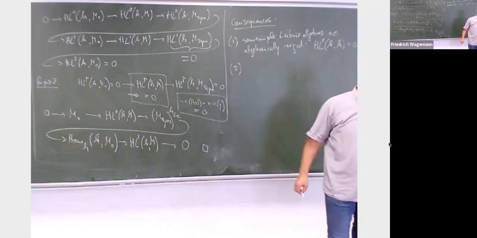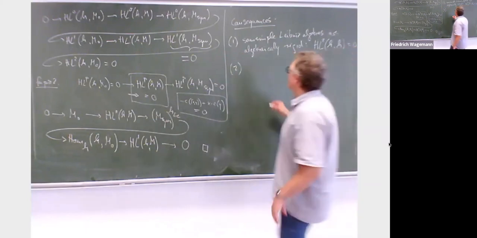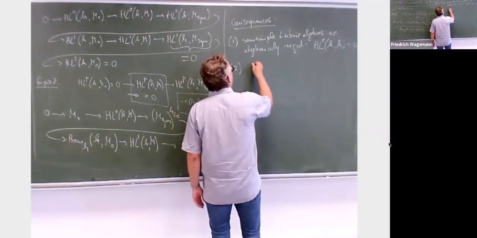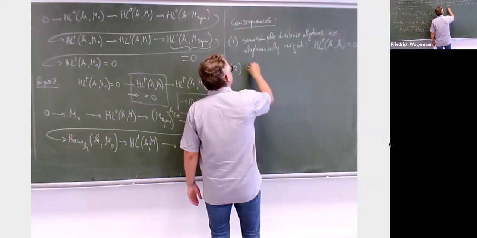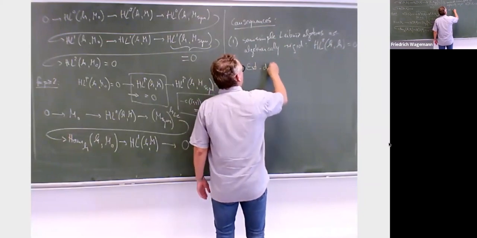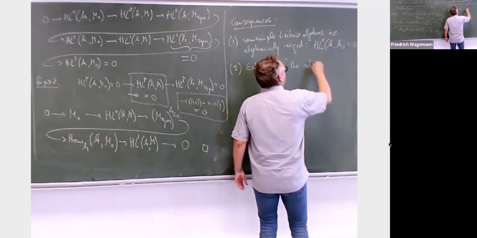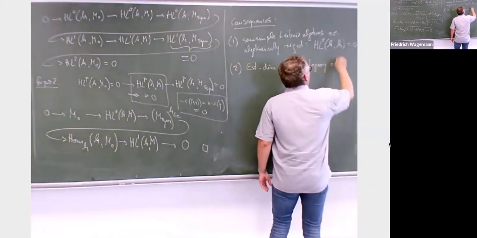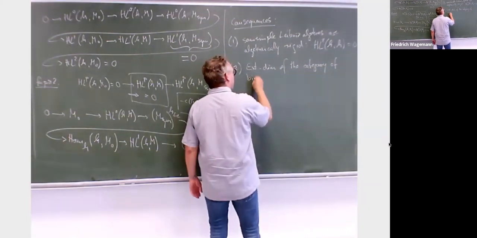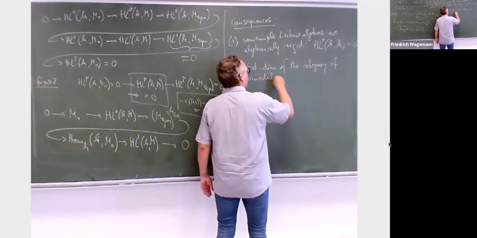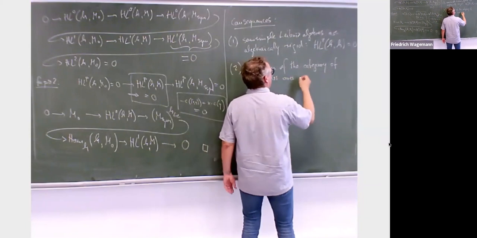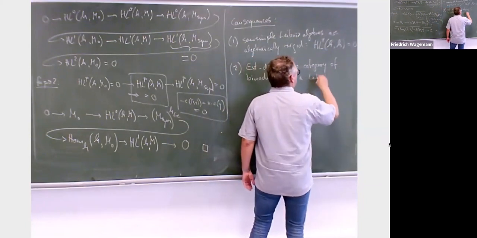Now another branch of consequences is the Ext dimension of the category of finite dimensional modules over a Leibniz algebra.